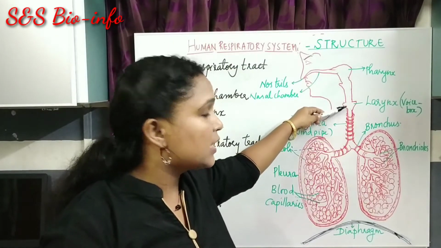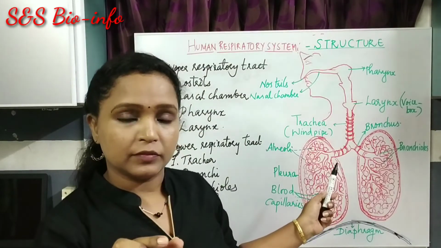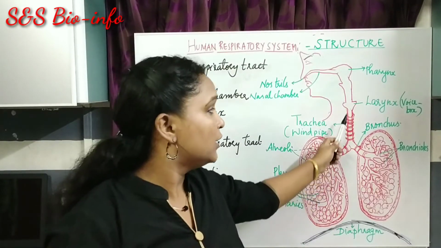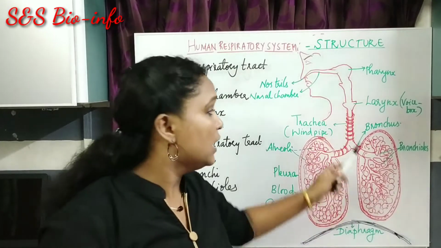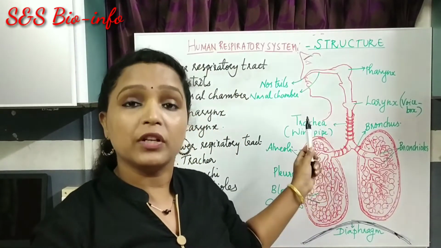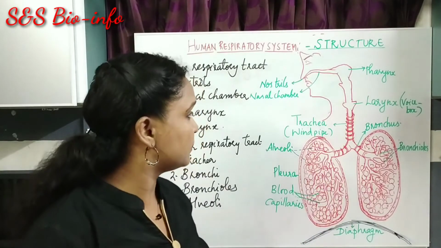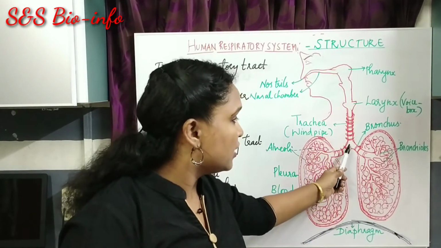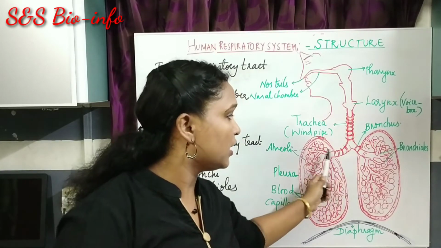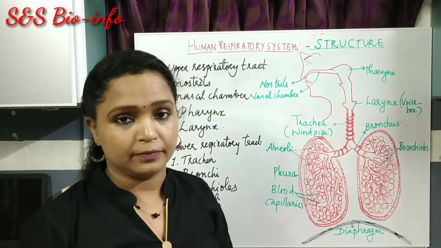The larynx is continued as a pipe that is called the trachea or windpipe. The trachea is protected by C-shaped cartilaginous rings. They prevent the trachea from collapsing. This trachea is divided into two primary bronchi, the right and left bronchi.